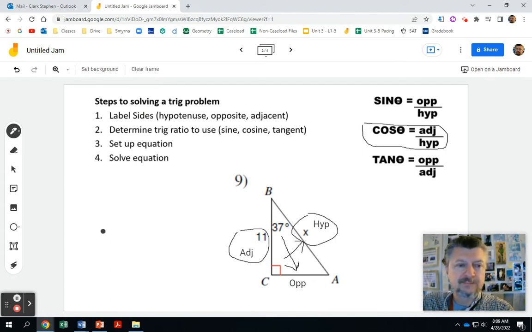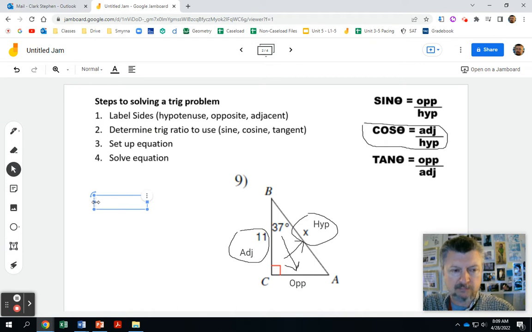So we're going to do our equation, cosine. We're going to put our angle that we're using in there. Our angle is 37 degrees. That's going to equal something over something.